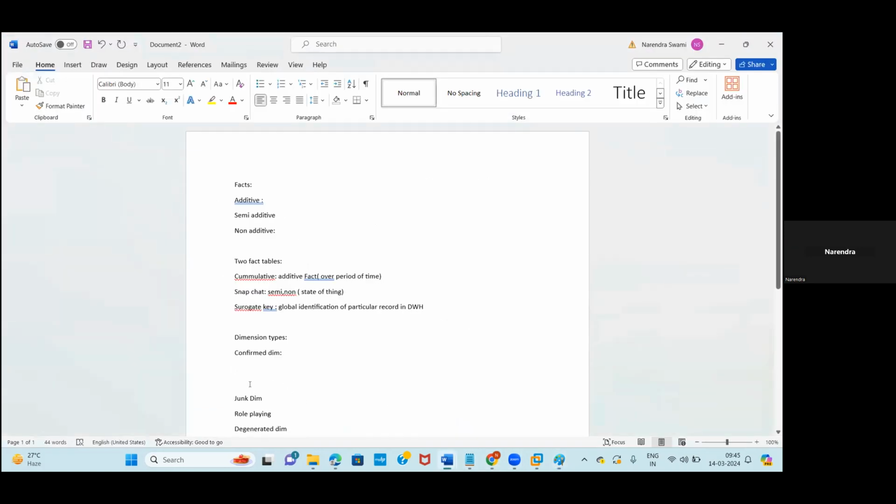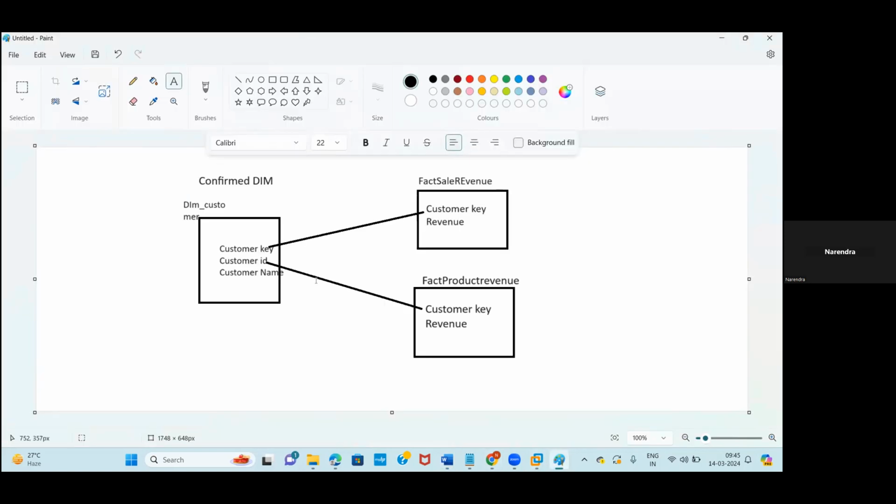Coming to the next dimension, the junk dimension. If we have two dimension tables, like in this diagram, we have one dimension table called the customer dimension table. This customer dimension table has one key, the customer key, and this customer key is maintained in a fact table.